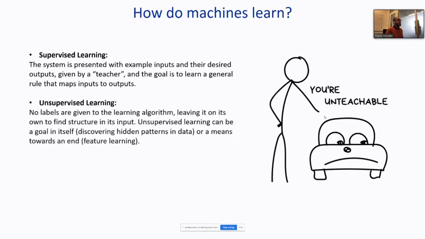The second method is called unsupervised learning. The algorithm is given no labeled inputs, but it works on its own to understand the structure of the inputs. So what it does is check whether there are inputs that are very, very similar to each other. If there are, we cluster them together, separate them from the others, and create a specific category.